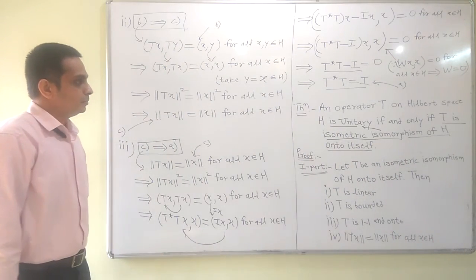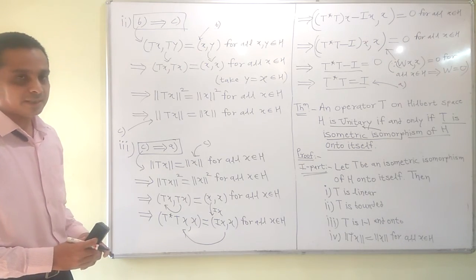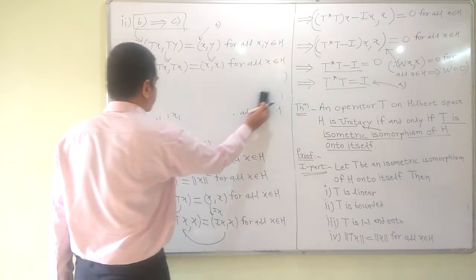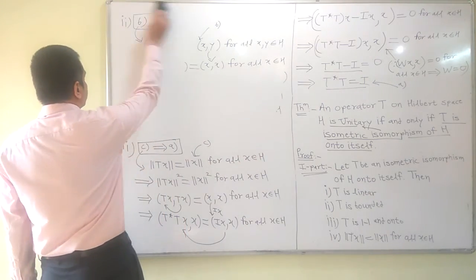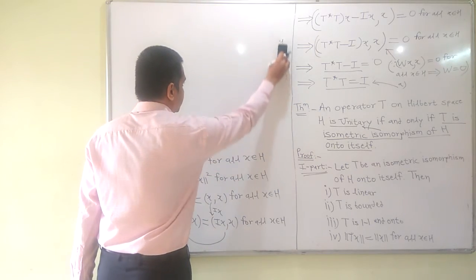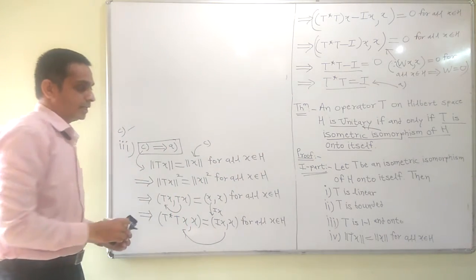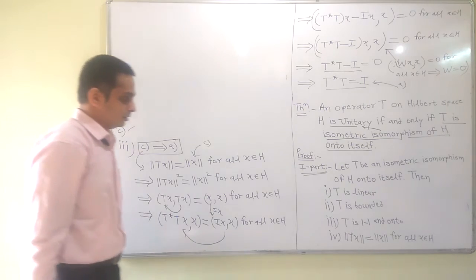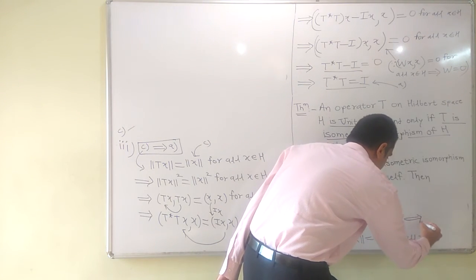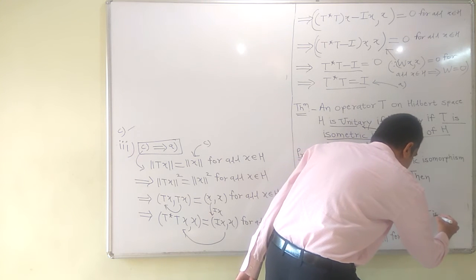So, in order to prove that the operator is unitary, we just want to prove that T star T equals T T star equals I. First of all, note that T is invertible because it is 1-1 and onto.